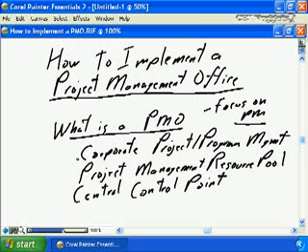The first is a corporate project or program management area. The PMO in this instance is an organizational unit that's focused on consolidating, coordinating all of the project management, all of the program management information to ensure that the company has a complete picture of all projects, how they're doing, how the projects integrate, and how the projects are working together.